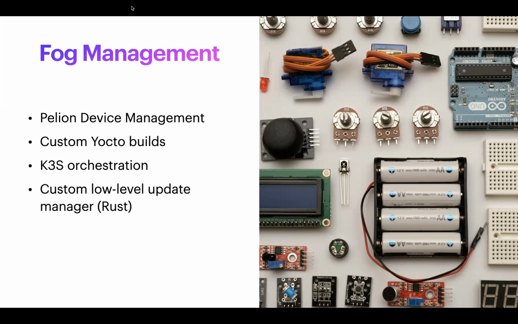The MIST platforms had lower level software, but the fog platforms used K3S orchestration both from the cloud through to the edge devices. That was provisioned predominantly manually in the beginning, then using Pelion, and then eventually using an automated pipeline, which I'll cover in a moment.